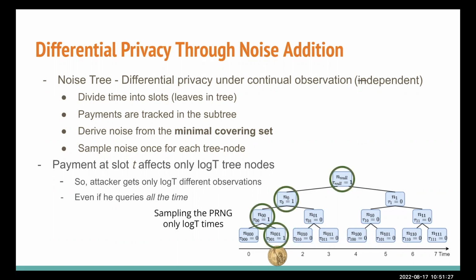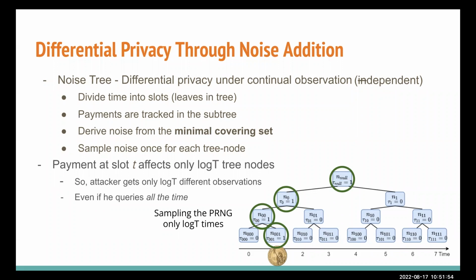So in total, the number of different noising samples that the attacker gets for every coin transfer is limited in the height of the tree. If we compare it to the naive approach, where the attacker just gets a fresh new noising over the same coin transfer, here he doesn't get too many fresh noises.